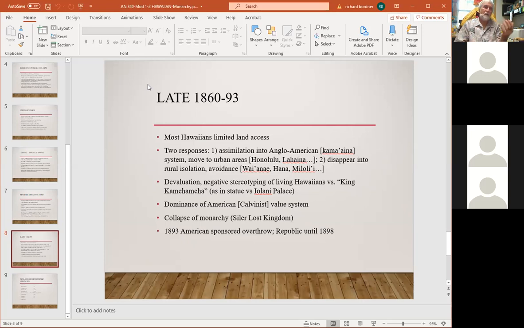And especially the Calvinist point was that it had absolutely no tolerance for what it saw as a failed system of values, i.e. the Hawaiian value system. And so that's why we end as a monarchy, because of the increasing power and attitude of these missionary boys, not the missionaries per se, but their kids and their grandkids, who by that time own the Hawaiian Islands.